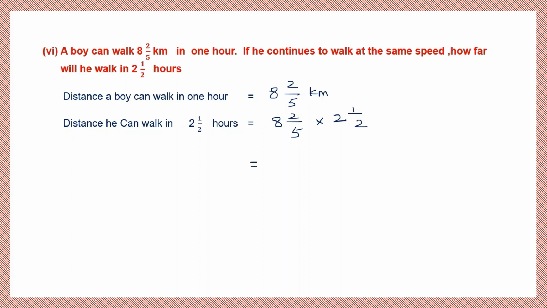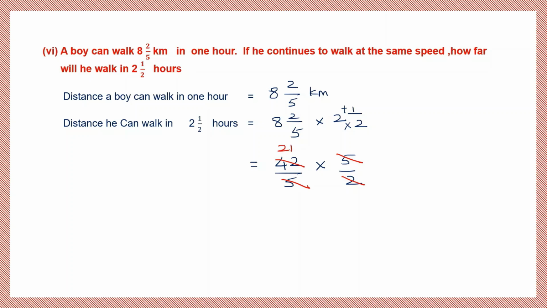Okay, so let's convert this. 5 8s are 40 plus 2, 42 by 5 into 2 2s are 4 plus 1, 5 by 2. Now it's multiplication of fractions, so we can cancel. I can cancel the 5s. I can also cancel 2 and 42 both by 2 itself. So 2 1s are 2 and here 2 21s are 42.